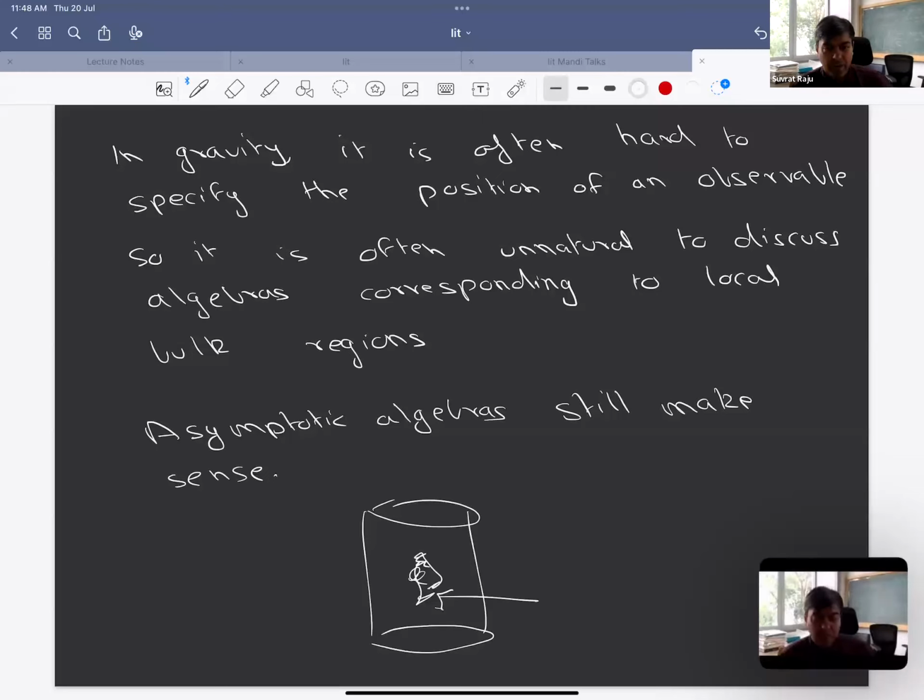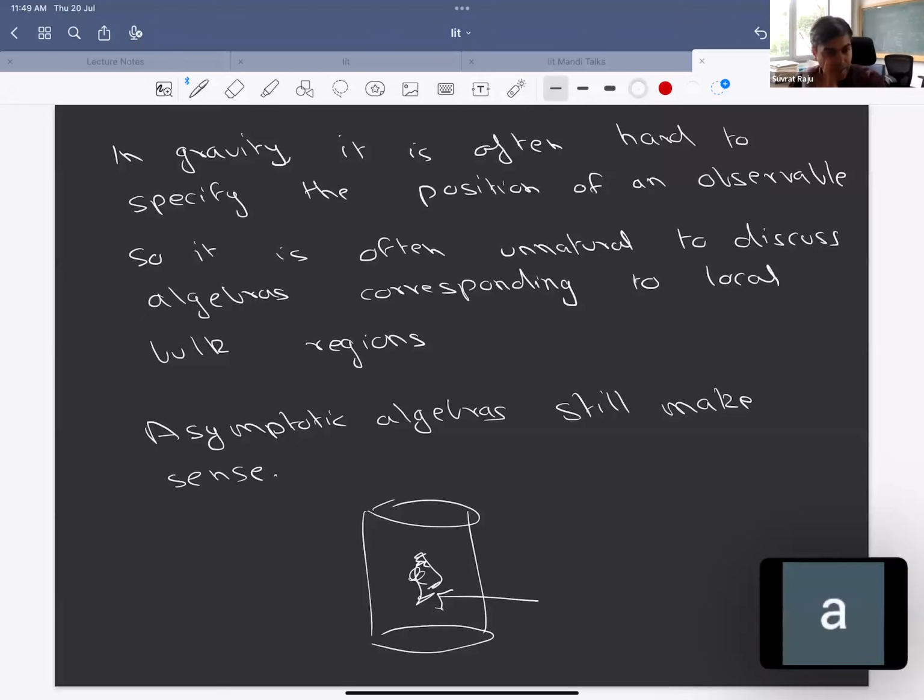So we will discuss this kind of an asymptotic construction later. Tomorrow, I'll discuss a little bit about how you can make sense of local observables when you introduce an observer, or make some sense of local observables within some approximation. Right now, I just want to discuss the simplest thing, and explain why asymptotic algebras are simpler to discuss than algebras associated to regions, which we can do, but we'll work down to it maybe by tomorrow.